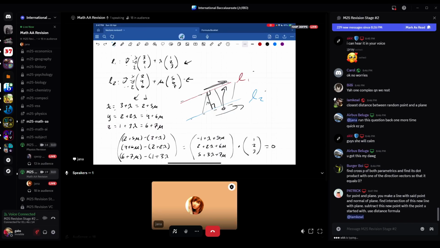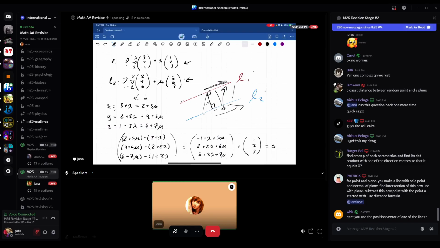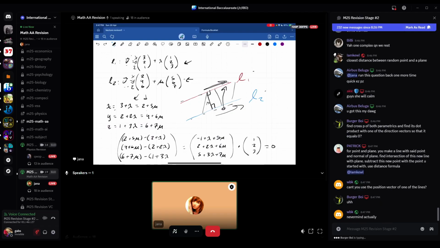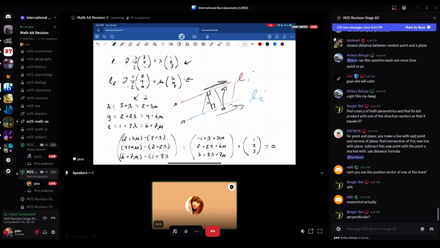So why are we finding the cross product of the parametric ones? Not the cross product, just the direction vector of this one to this one. Any point on here, it is the position vector. It's the vector of any point on the line.